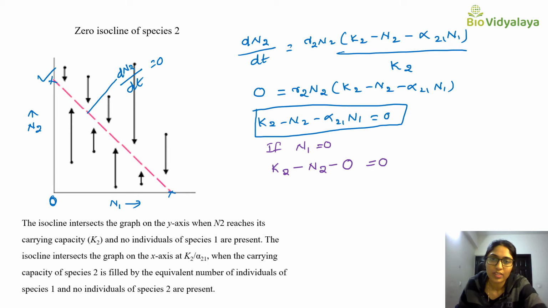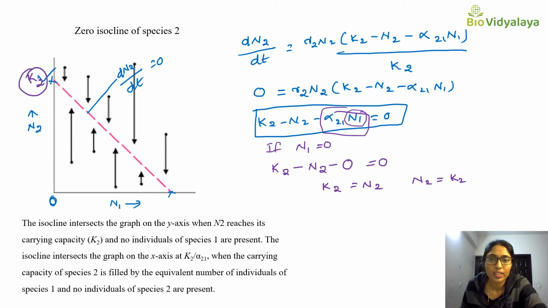Here N1 is 0, that means this whole value will become 0. So K2 is equal to N2. That means N2 is equal to K2. So this value is K2. So this zero isocline is intersecting on the y-axis at K2.